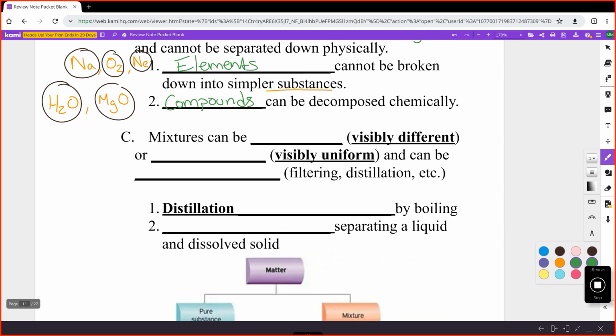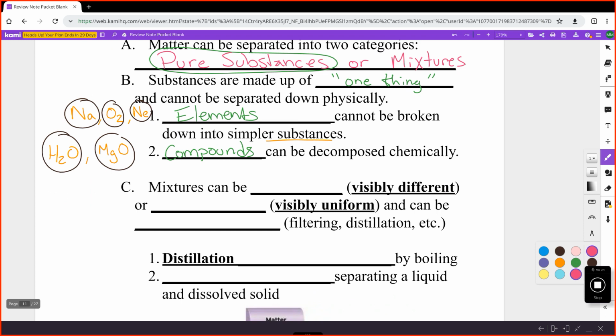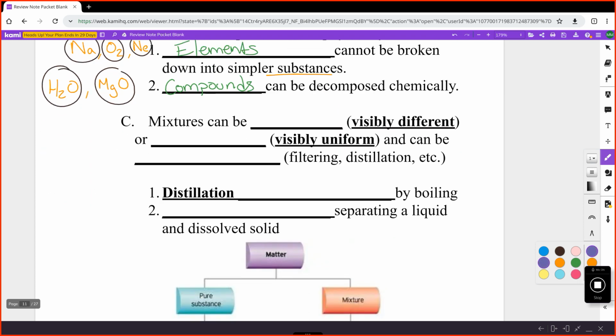Mixtures, just like pure substances, can be broken down into two different types of mixture as well. So they can be called heterogeneous, or homogeneous. Right?